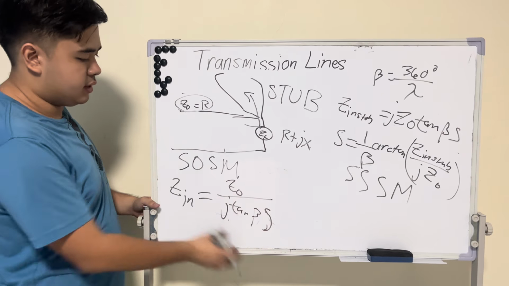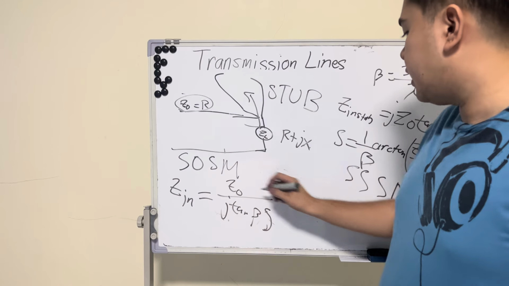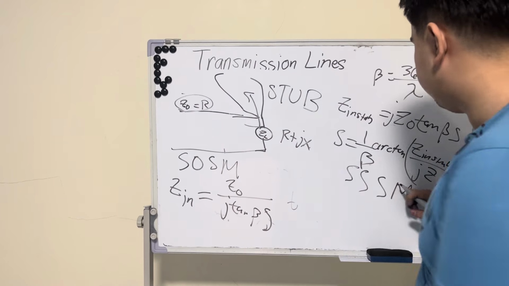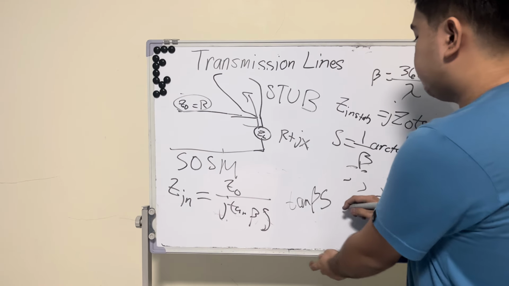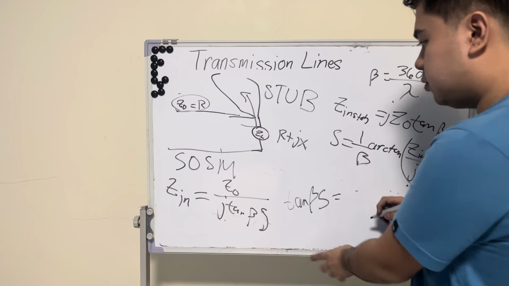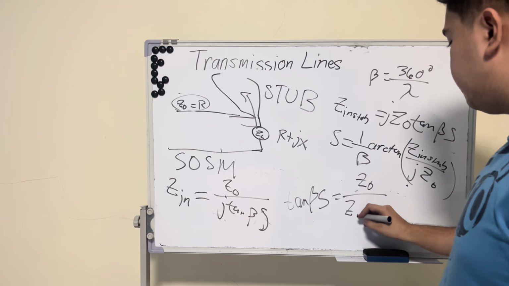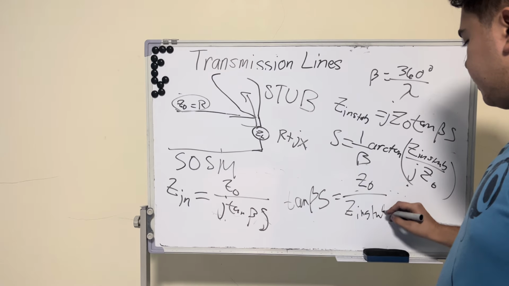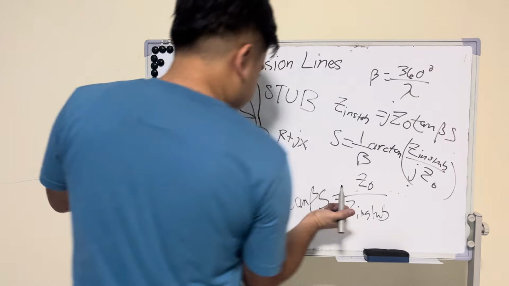So we just take the reciprocals. Tangent beta S would be equal to Z0 over Z in stub. And then we would have to find the arctangent of that.